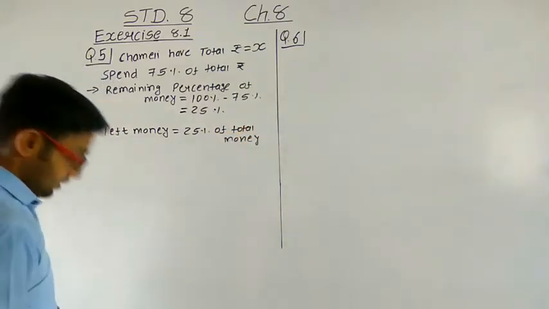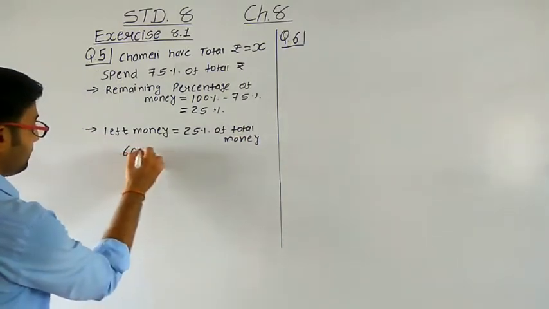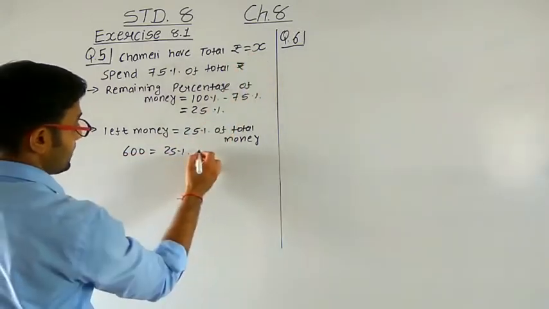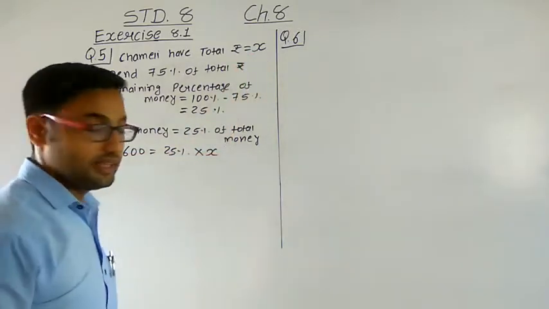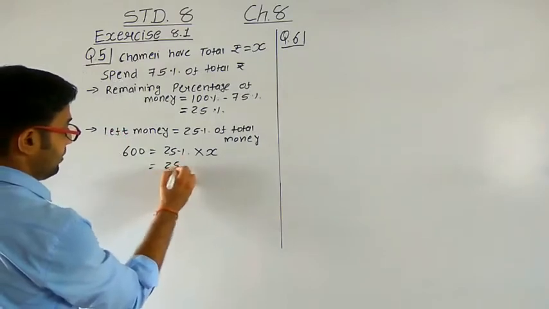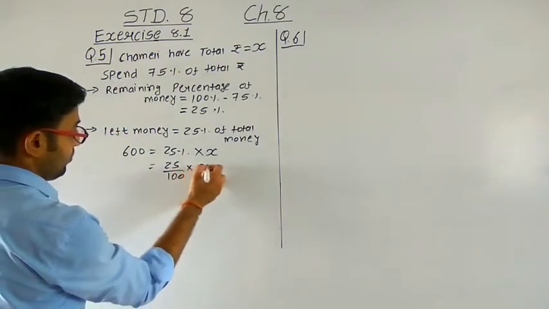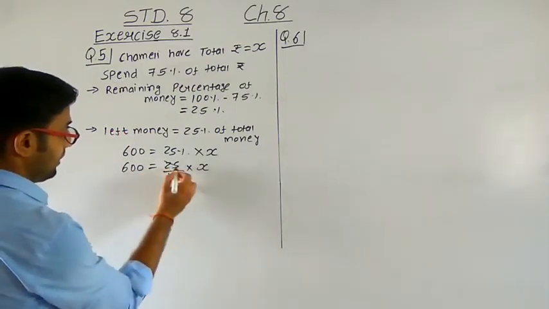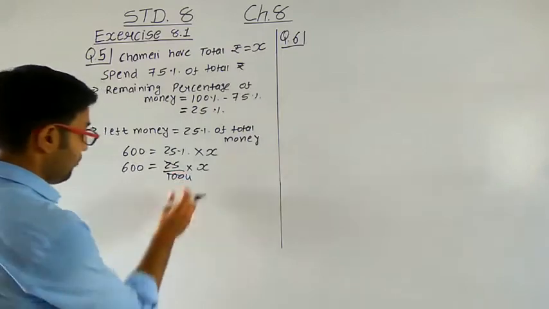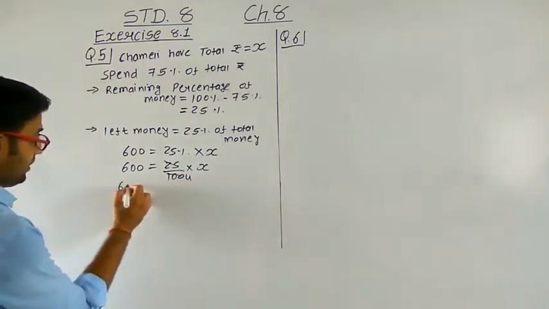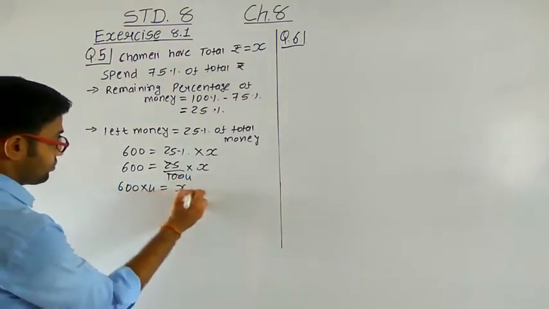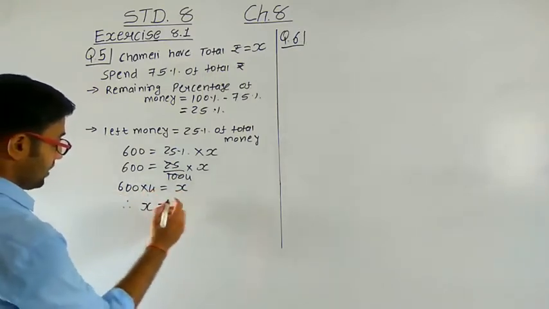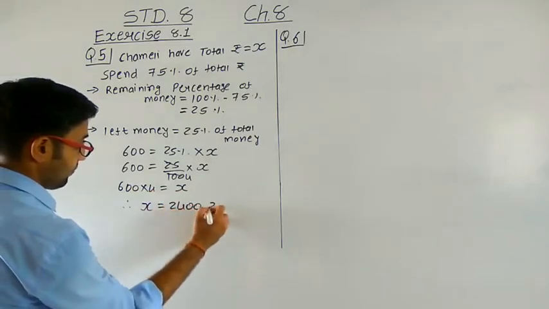So the left money is equal to 600. 25% of total, and total we suppose as x, so 25% of x is what we have to find out. So here we can write 25 upon 100 into x, and here we have 600. So we can cut 25 with 100. When we take this 4 to the left hand side, here we get 600 into 4 is equal to x, and therefore x is equal to 6 4s are 24, 2400 rupees.